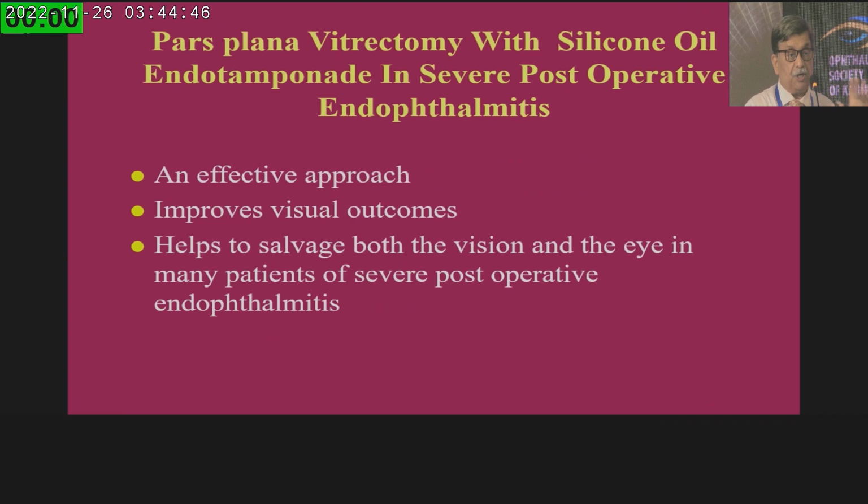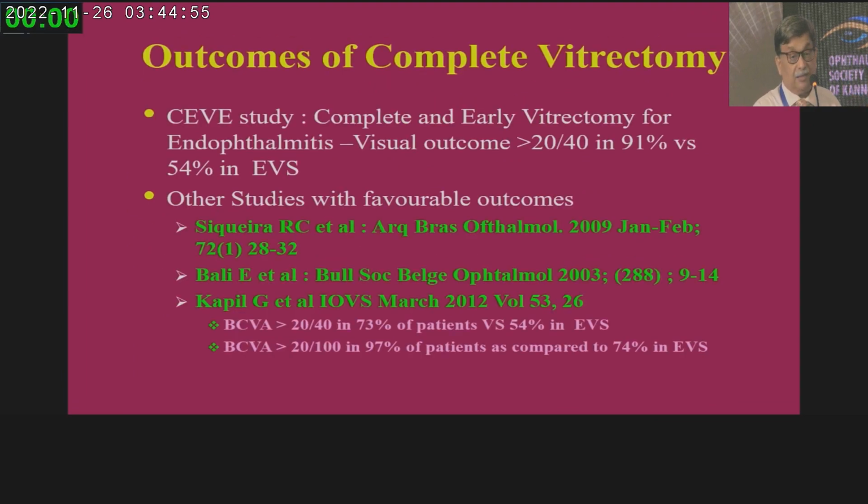So if you have patients with severe endophthalmitis, you have an effective alternative approach which can improve your visual outcomes. This has been substantiated by the SEEF study, which did not give the figures of how often they put in silicone oil, but they say if needed, don't hesitate to put it.